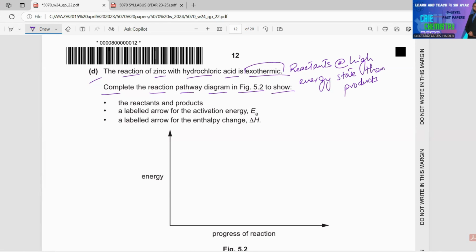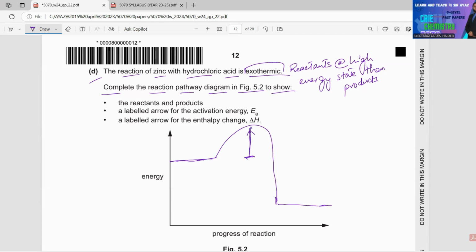So I will make a line here like this for the reactants, and for the product we have a line on the right hand side like this. In between these two will be an energy hump. This is the energy hump for the activation energy. This is activation energy. It's going up.